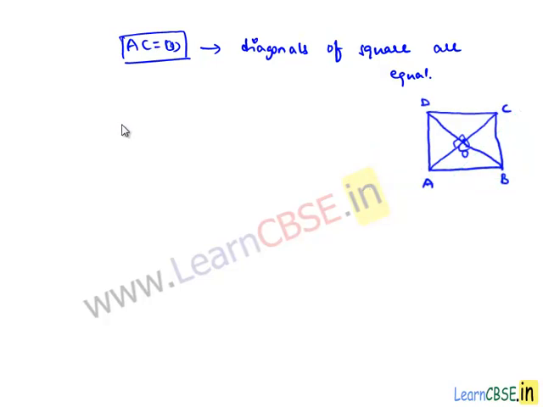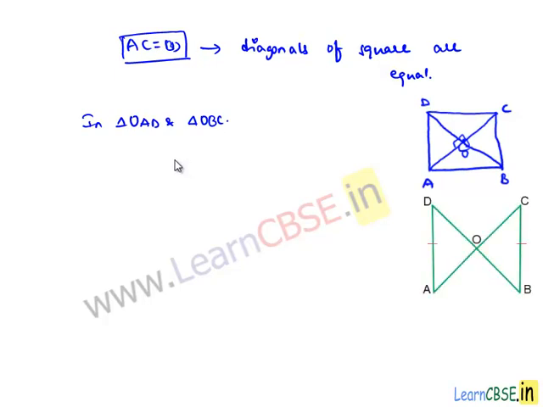Now let us consider two triangles, that is triangle OAD and triangle OBC. In this, AD is equal to BC as all the sides of square are equal.